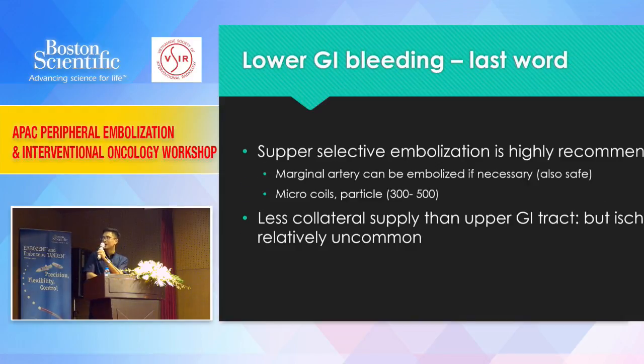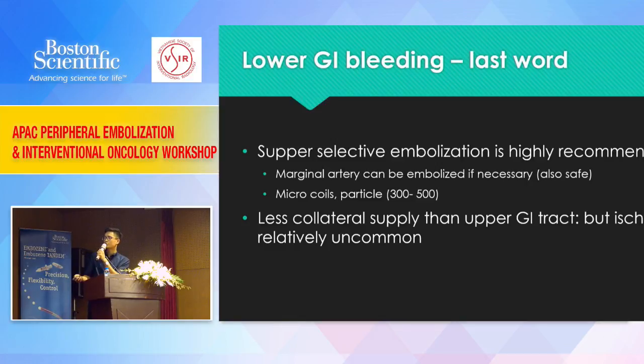With lower GI bleeding, we have to do embolization as selectively as possible, and we should embolize the perforating artery.